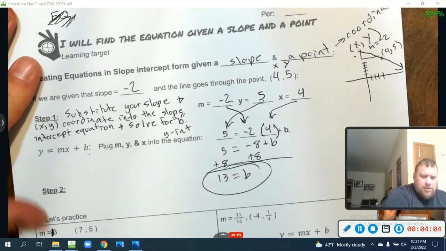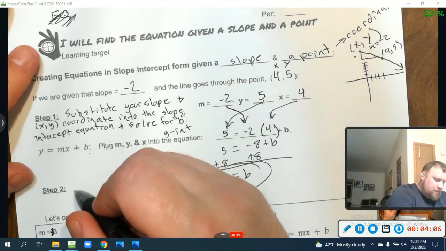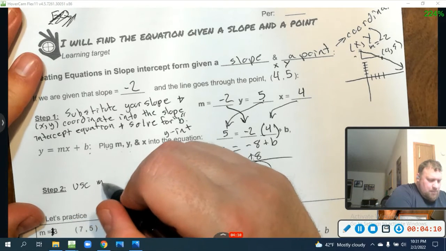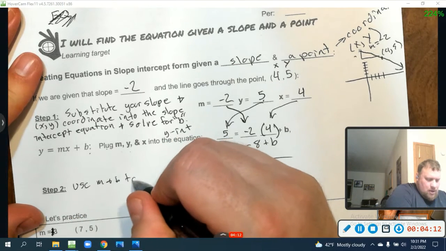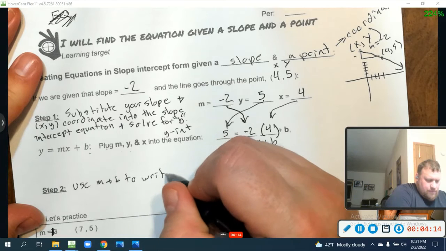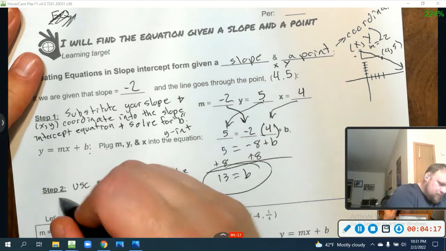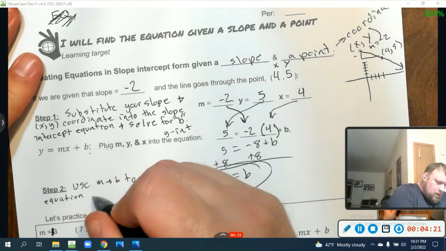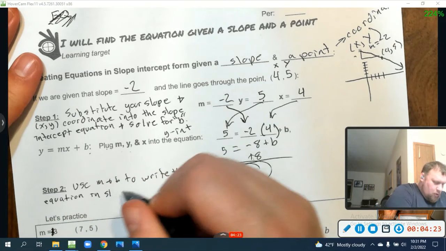So now step 2, write the equation in slope-intercept form. So we're going to use m and b to write the equation in slope-intercept form.